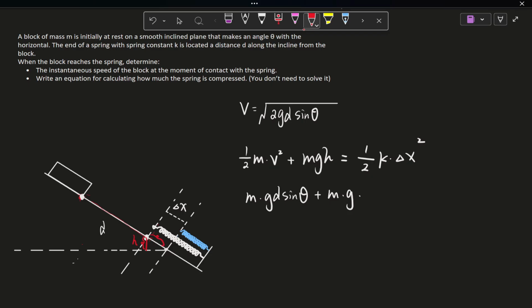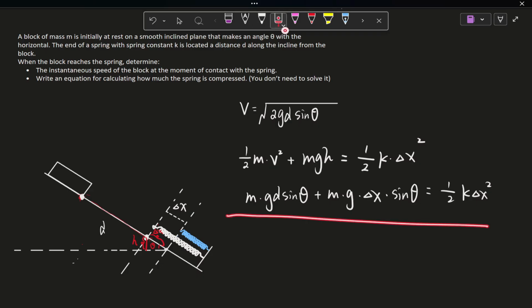This is delta x. This is theta. So h is basically, using trigonometry, delta x times sine theta. And it's equal to 1/2 k delta x squared. So you can just stop it over here, and this is your answer.